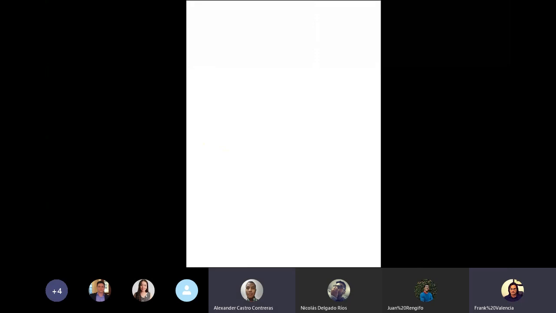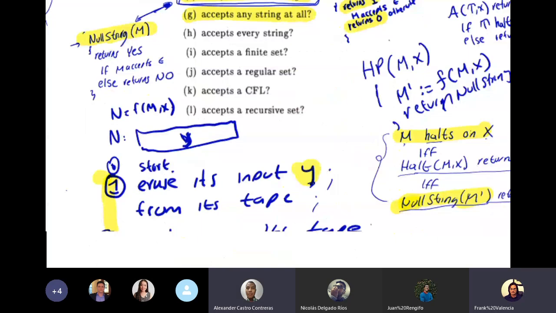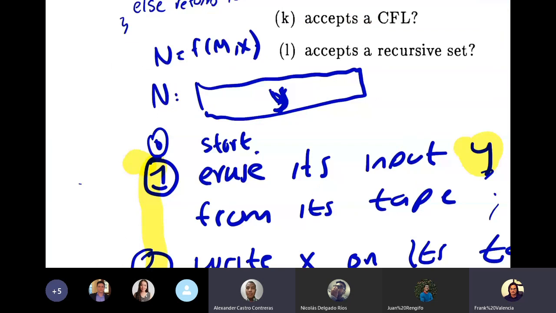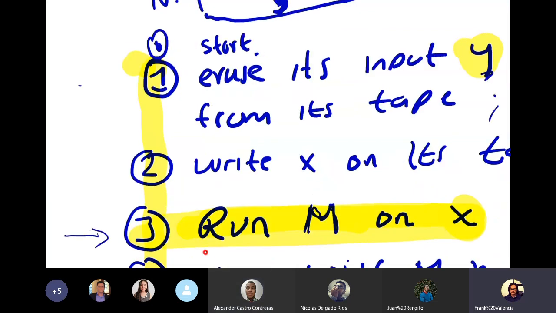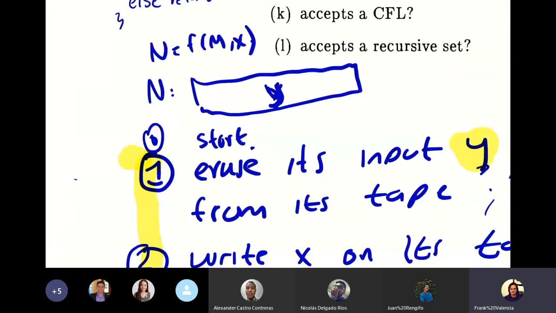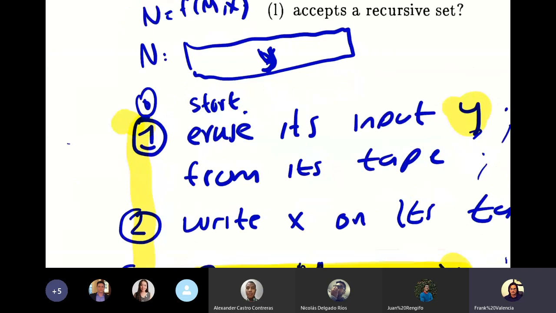So, teacher, if the... Wait. This machine N does these steps. This is the execution of the machine. You understand? So the machine gets Y, then the first thing that it does in its execution is to erase its own input from the tape.